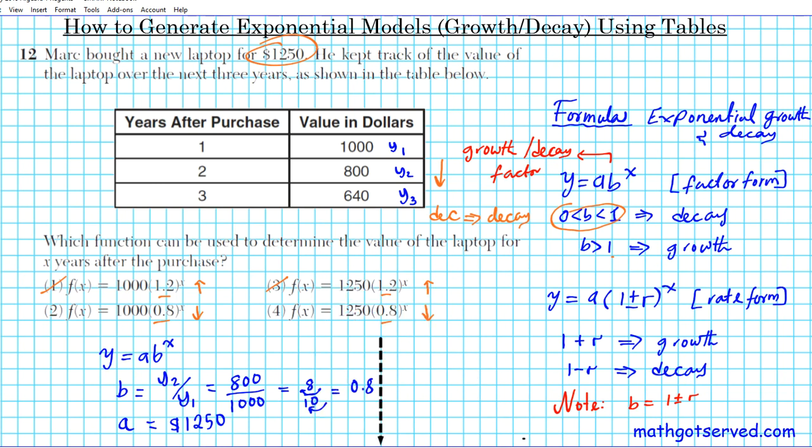The model again is y equals ab to the x. If we substitute for a, we put in 1250, and the base b, the decay factor, is 0.8 raised to the x power. We can clearly see that our answer is option number 4.